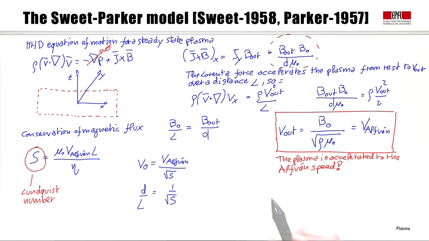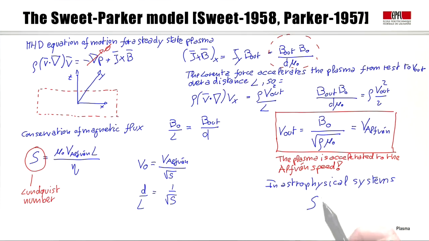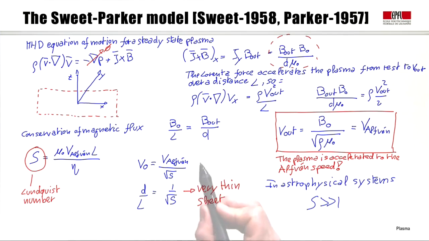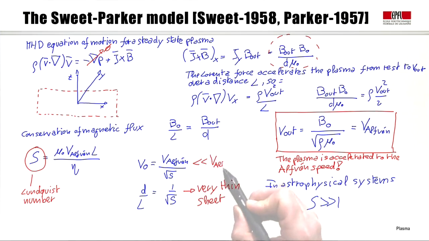Now, since in astrophysical systems the Lundquist number is usually much larger than 1, this formula tells us that in the Sweet-Parker model the current sheet is very thin. And this formula tells us that the plasma is flowing into the current sheet with a velocity which is much smaller than the Alfvén speed.